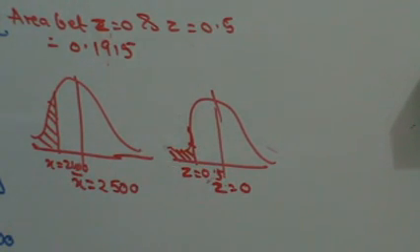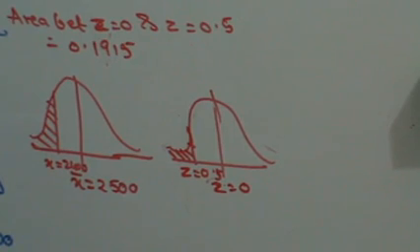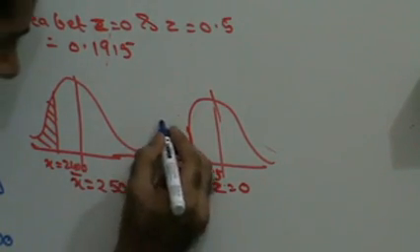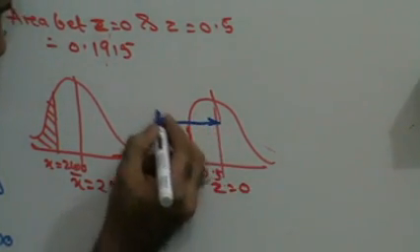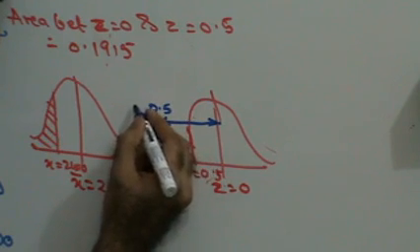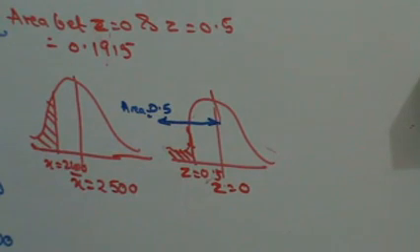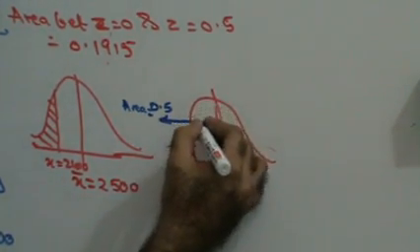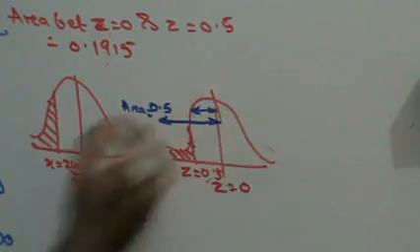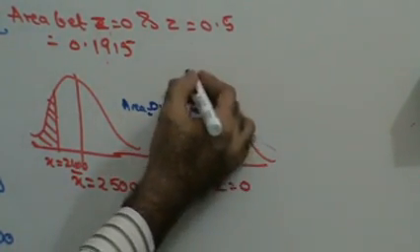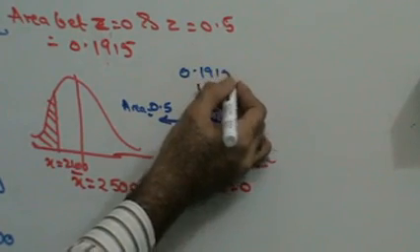Now, I have already explained this to you that the bell curve is symmetrically divided, the area of each half is 0.5. That means, guys, the area from here to here, this whole area, is 0.5. And they have given you that area between t is equal to 0 and t is equal to 0.5. That means this area is given to you as 0.1915.